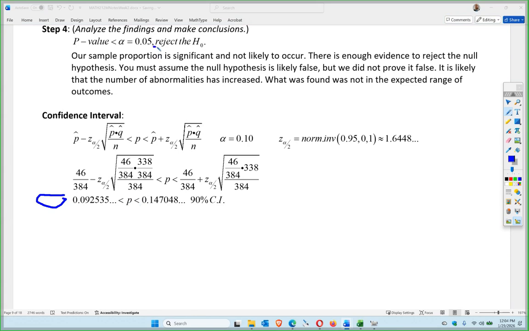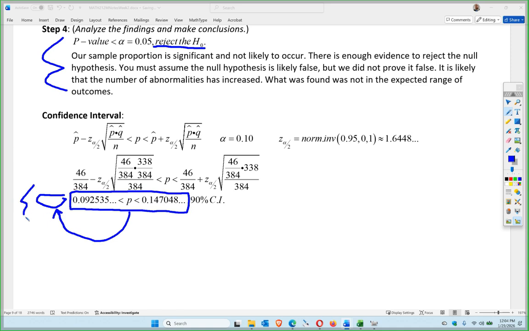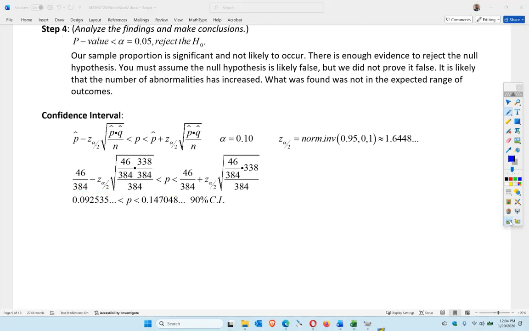Which makes sense because we rejected, because this is our null hypothesis, basically. And we rejected that, which is good because we found it's actually outside of that, right? So our hypothesis test matches our confidence interval, basically, because we rejected, which means it's not in the confidence interval. Okay? So we did the correct thing is what we found.